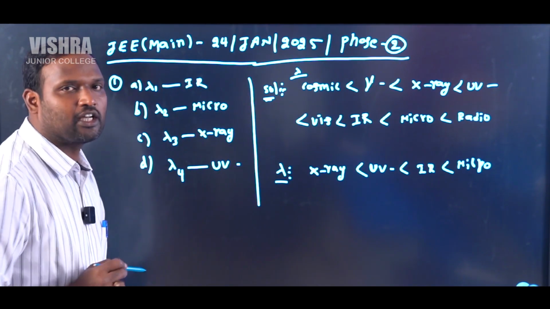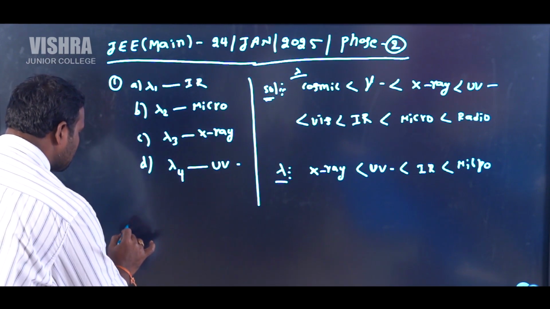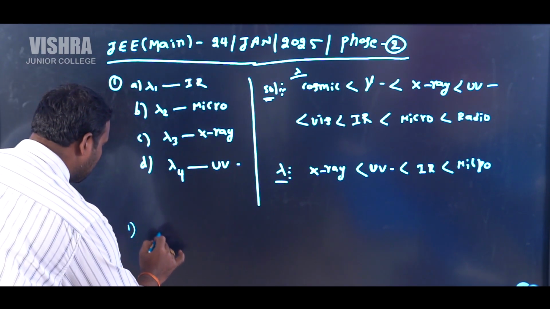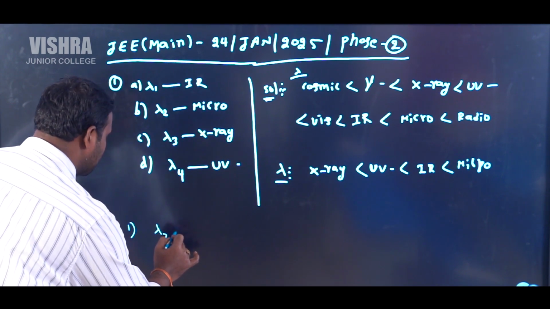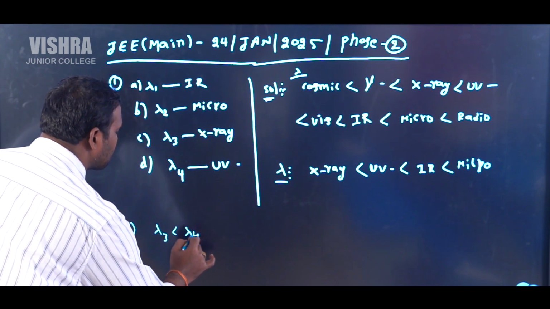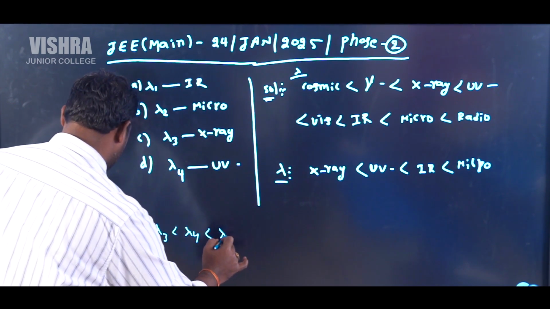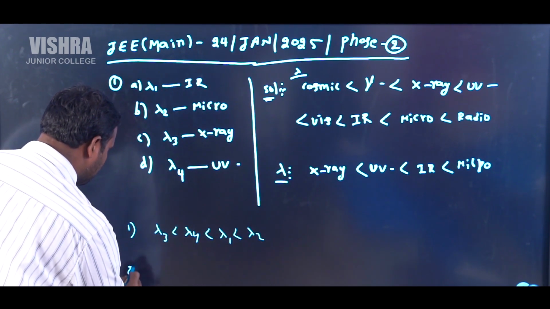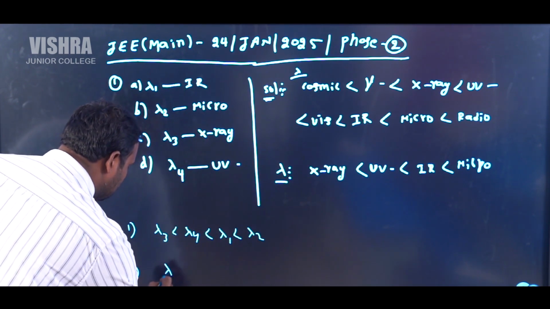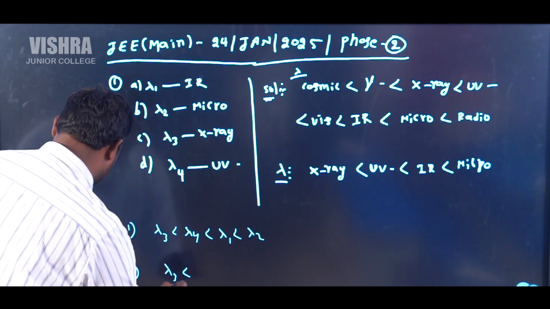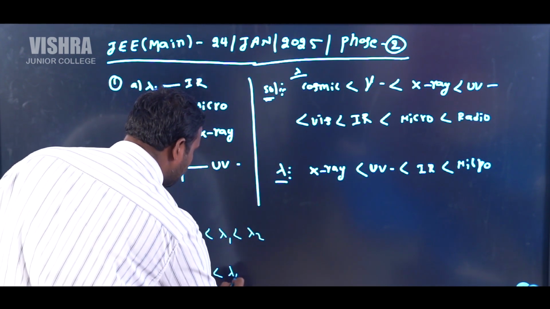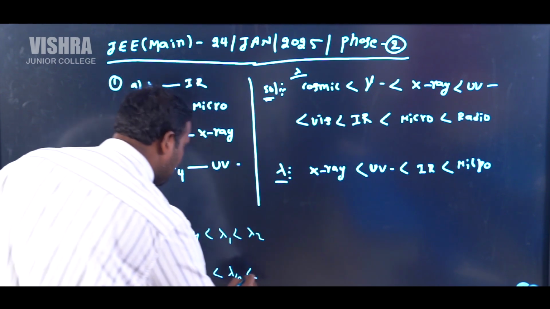He gave 4 different options in this case. First option is lambda 3 is less than lambda 4 is less than lambda 1 is less than lambda 2. Second option is lambda 3 is less than lambda 1 is less than lambda 4 is less than lambda 2.